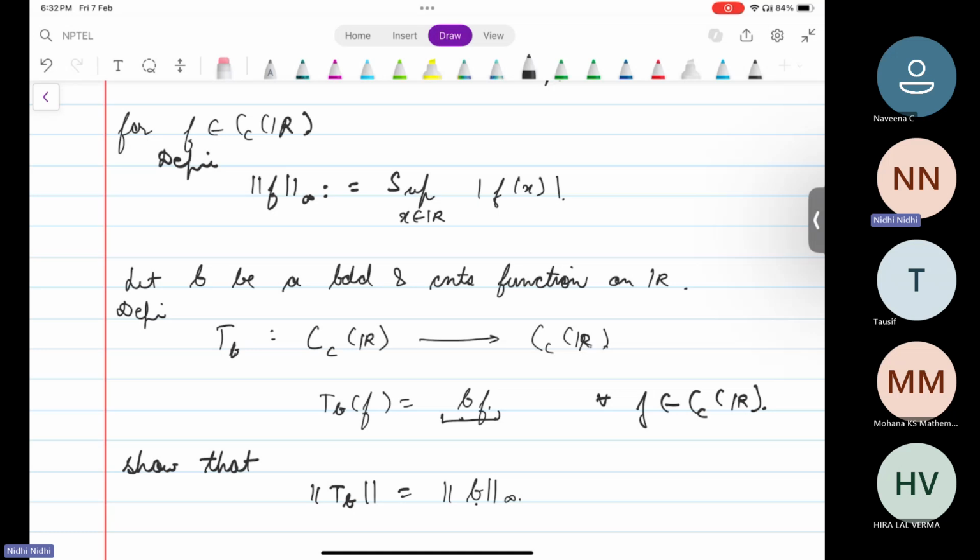Now B is a continuous bounded function, and T_B is the linear operator defined on C_c(R). So basically, when we define a linear transformation by just multiplying by a bounded continuous function, the operator norm of that transformation is the supremum norm of that function.